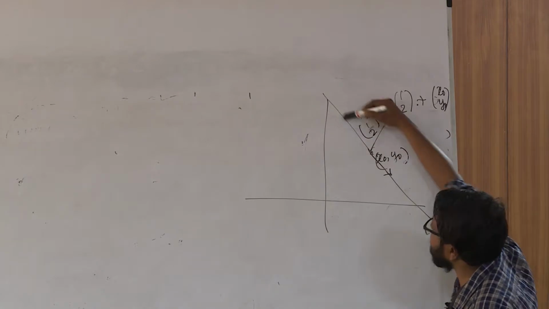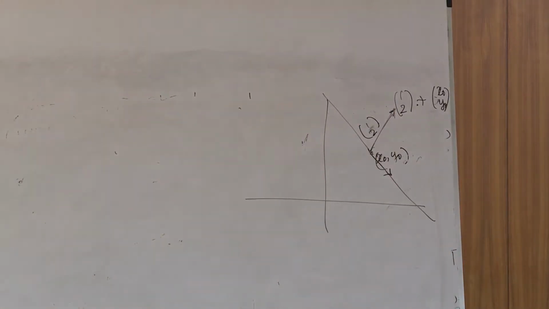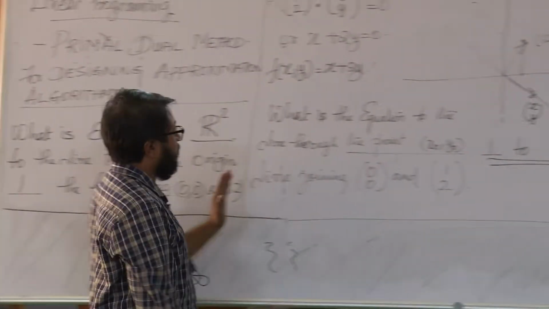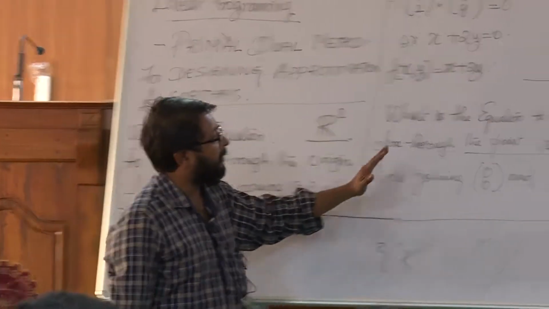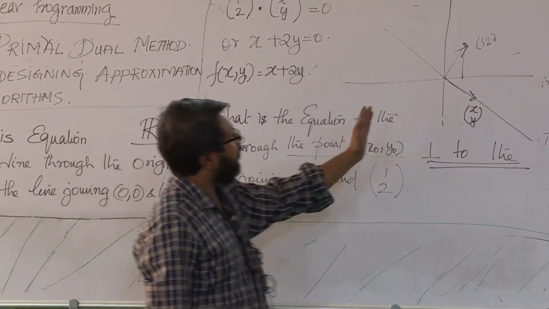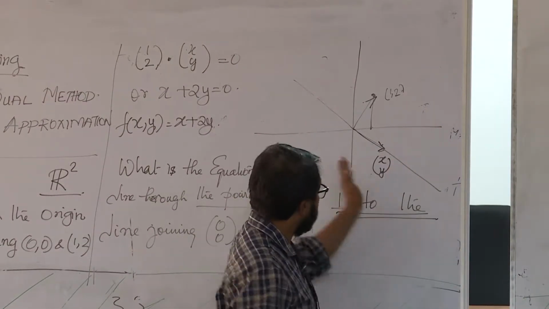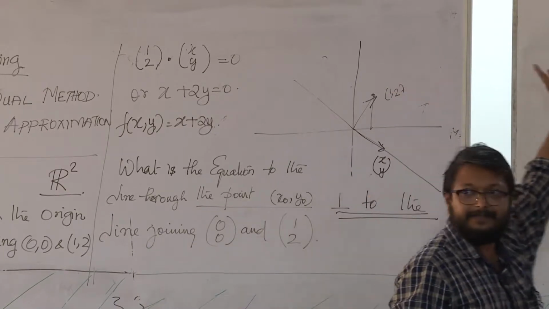This is nothing but shifting the origin, a translation of the origin to the point x naught y naught. So the solution to this problem is obtained by doing nothing other than translating the origin to the point x naught y naught. You just place this line there, that is it, correct?